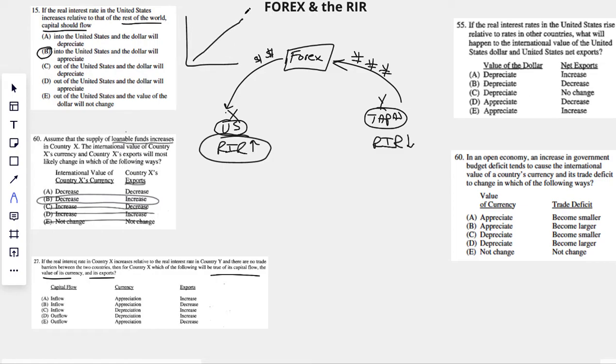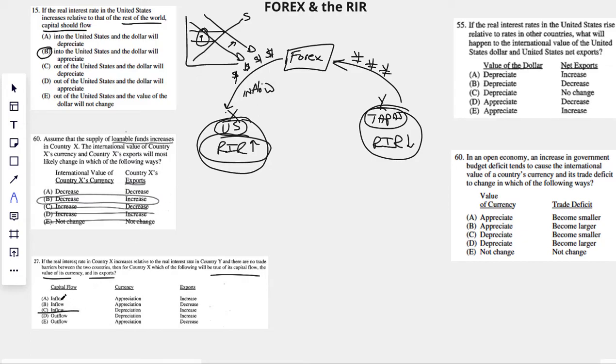That implies that the demand for dollars, think about this again, now the Y or Japan want to put their money into U.S. or X's banks. So they're going to take their currency out of Japan, change it in the FOREX, buy more dollars, and put those into U.S. banks. So the demand for dollars is increasing, which implies the value has to be going up. So we know there's an inflow of capital into the U.S.